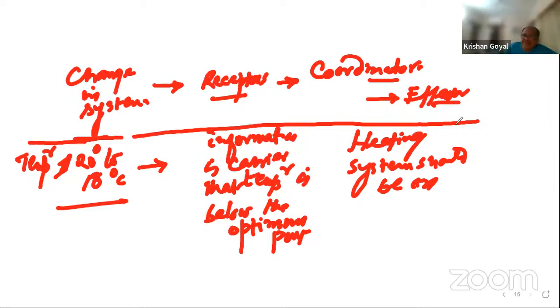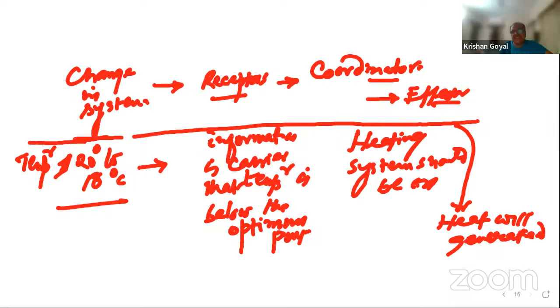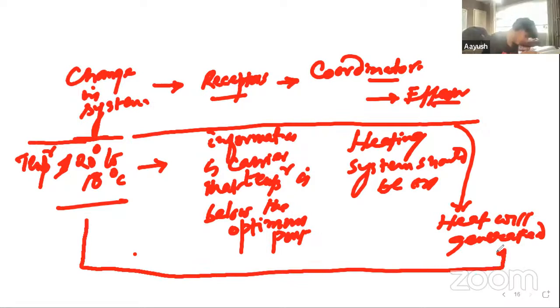Now ultimately heat will be generated. So this is called the feedback mechanism. When heat is generated, definitely the temperature will again come from 18 to 20 degrees centigrade. This is called the feedback.